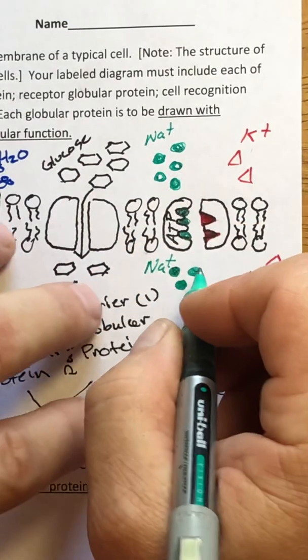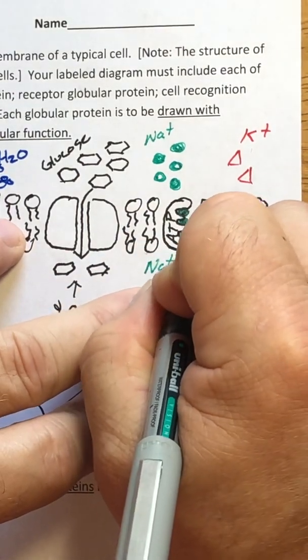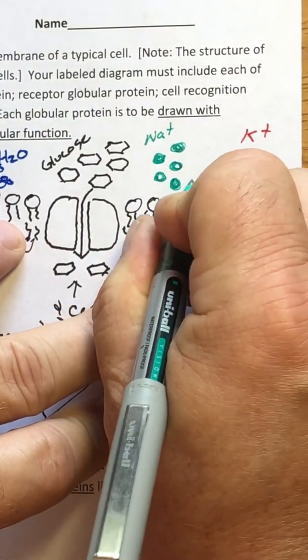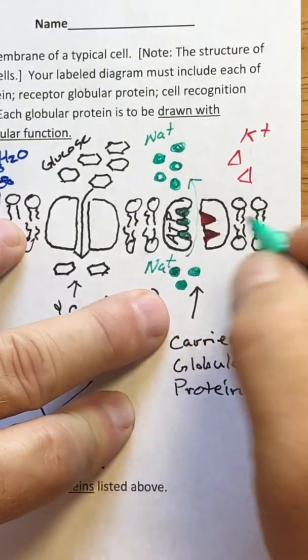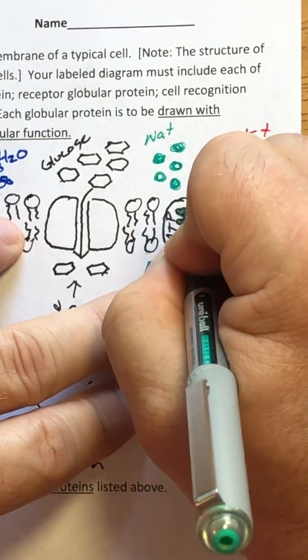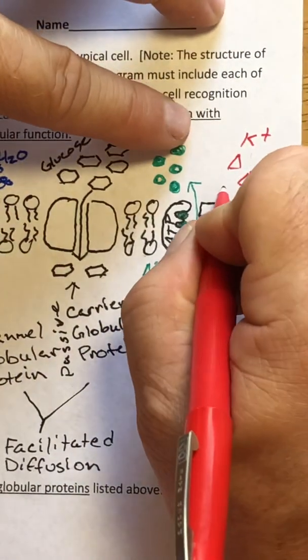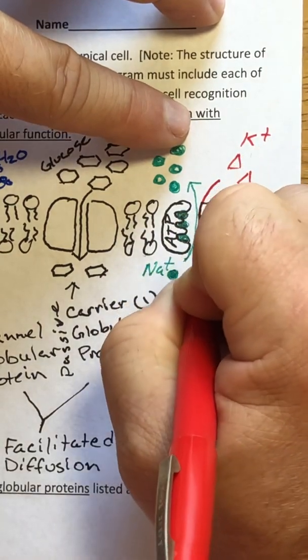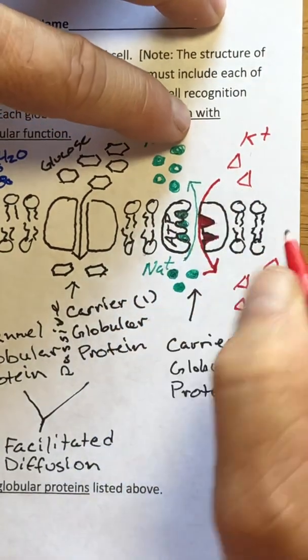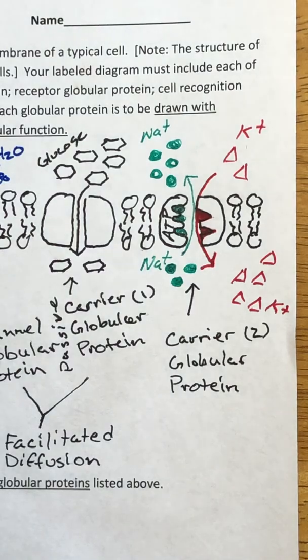So sodium, with its lower concentration inside the cell, is going to move from a lower concentration to a higher concentration, kind of bucking or going against that concentration gradient. And the potassium is going to move from a lower concentration to a higher concentration inside the cell, again going against the concentration gradient.